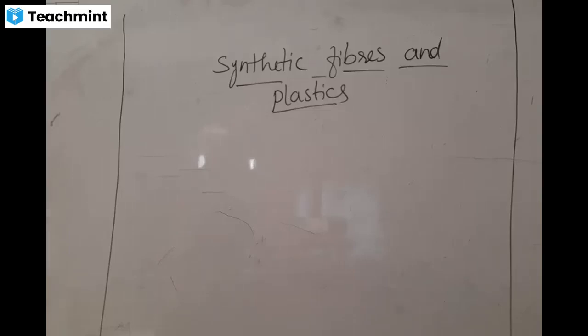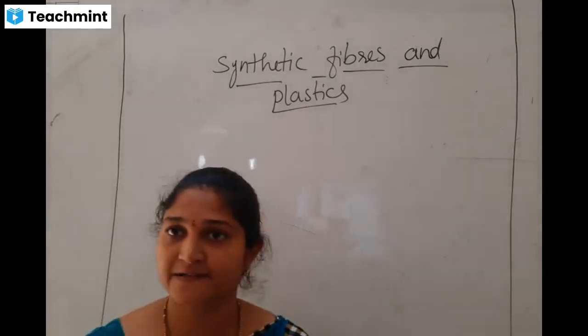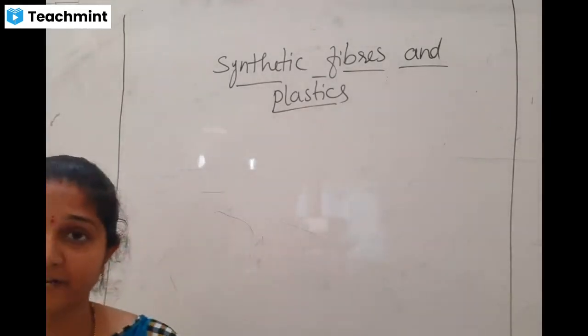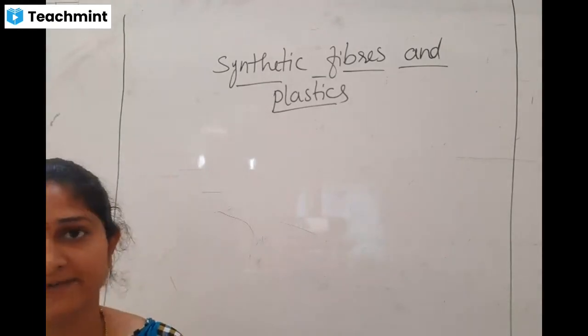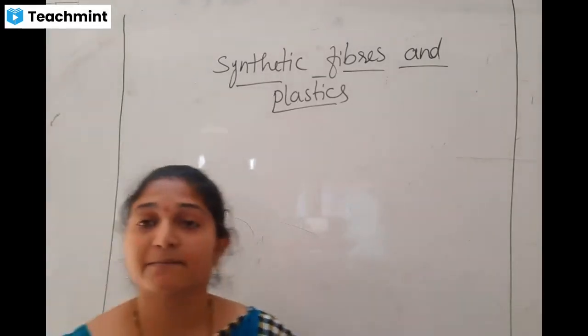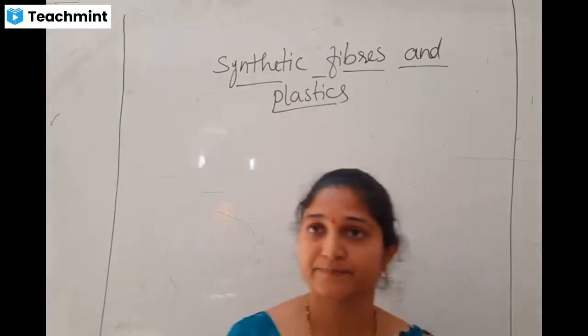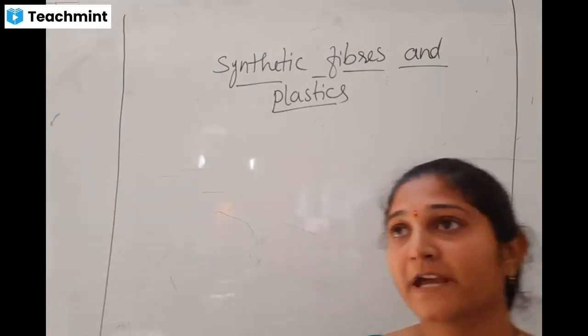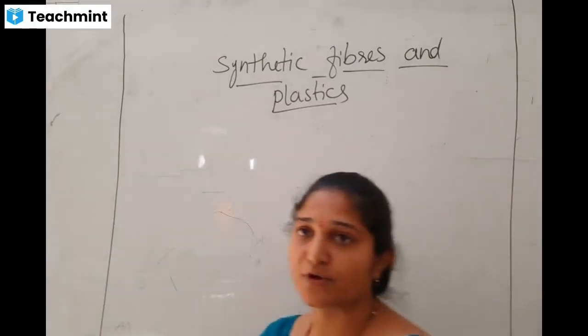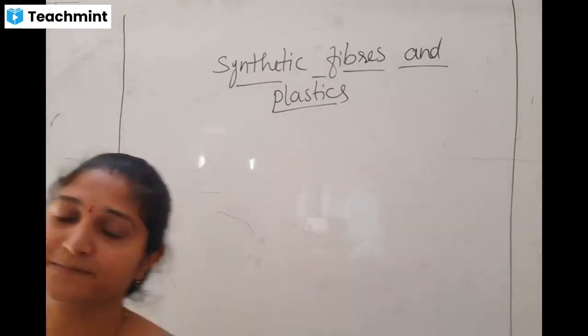So in this lesson, we discussed how the fibers are synthesized and the different types of synthetic fibers. The examples we discussed were rayon and nylon, where rayon is a substitute for silk fabric.